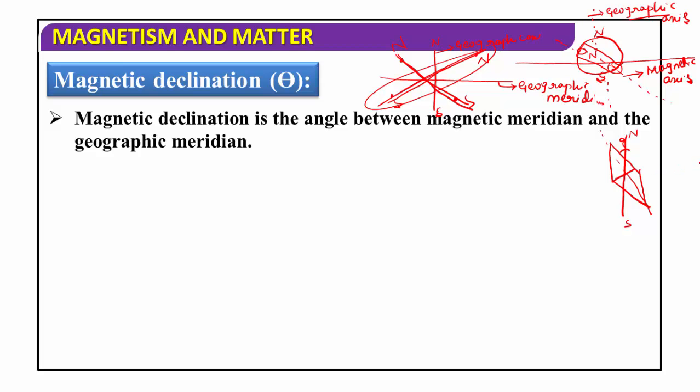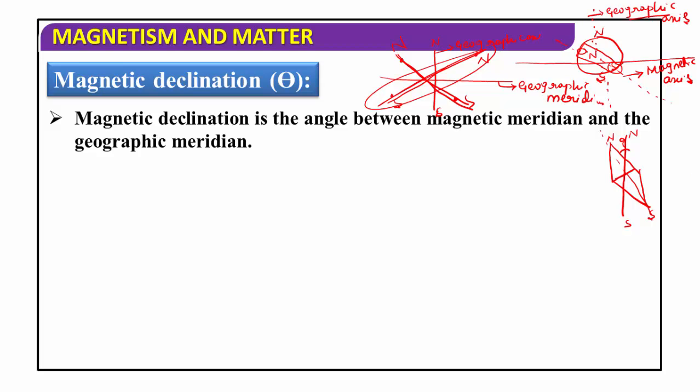A freely suspended magnetic needle does not show the true geographic north and true geographic south direction, because like poles repel each other and unlike poles attract each other.